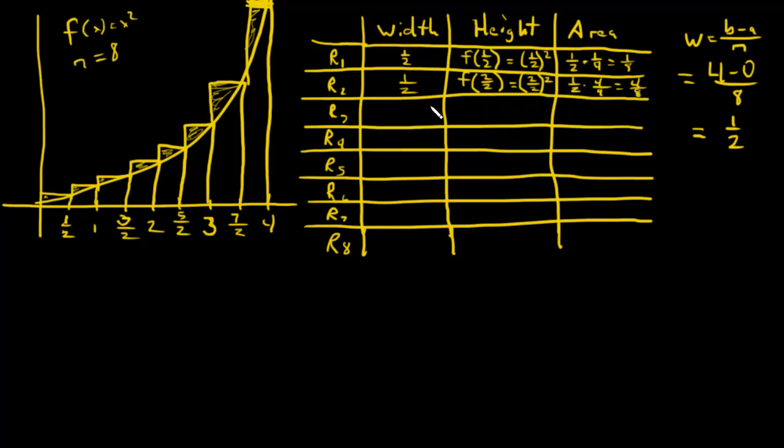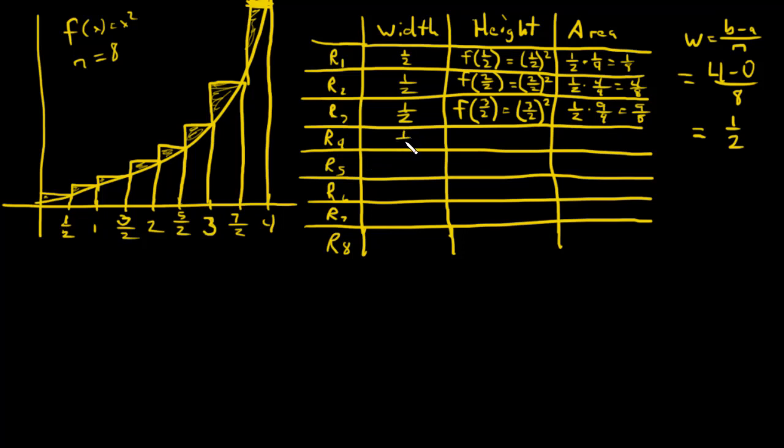Alrighty, hopefully you can read it. So now, again, the width is 1/2. What do I feed in for R3? Well, for R3, I'm going to feed in 3/2. So this is f of 3/2, which is 3/2 squared. So that's going to be 1/2 times, what is 3/2 squared? Well, that's 9/4, which is just going to be 9/8.